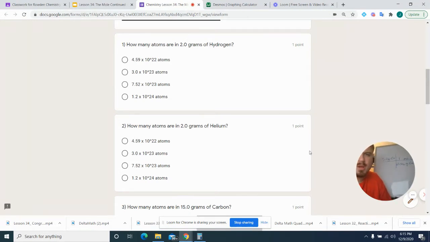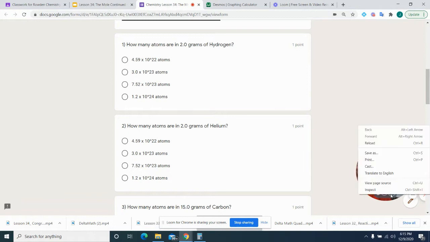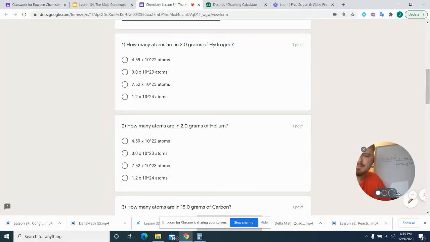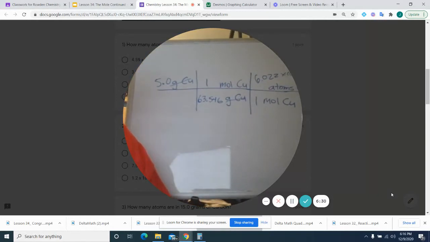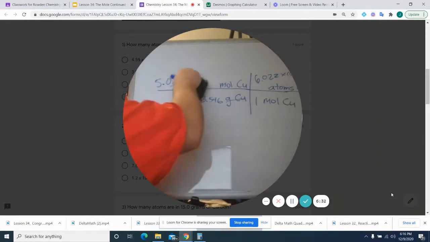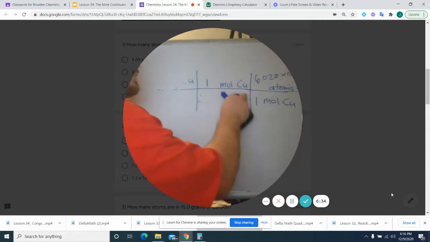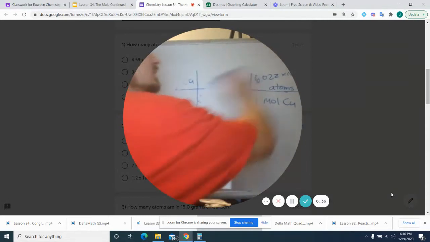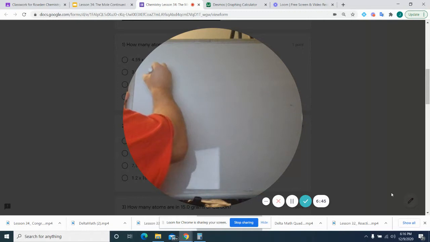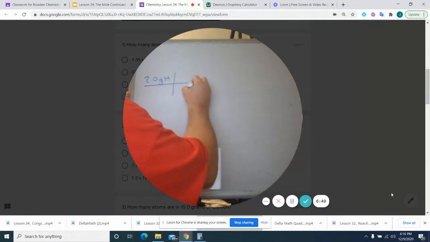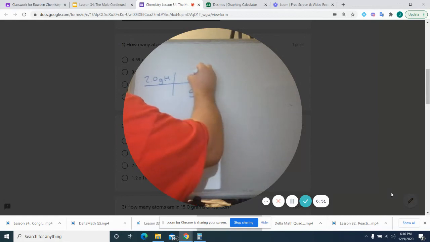Okay, so let's look at the first problem. 2 grams of hydrogen. So this time, the setup is going to be quite a bit different. I'll just erase the whole thing. We start with 2 grams of hydrogen. And so we can turn grams of hydrogen into moles of hydrogen.